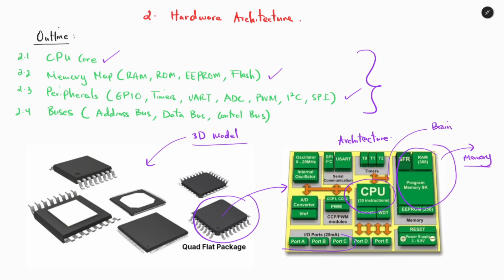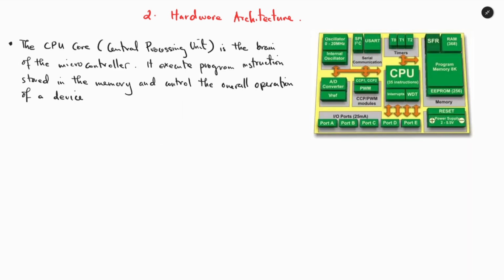We also have the peripherals such as the GPIO, general purpose input and output port, where data can be transmitted to an external peripheral module or received from an input peripheral, such as a push button, a sensor, or another microcontroller.